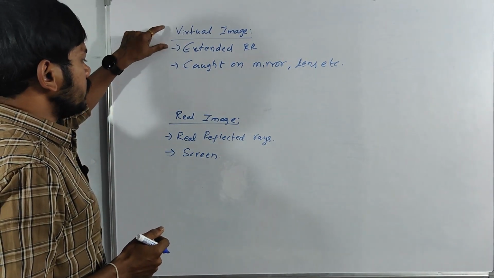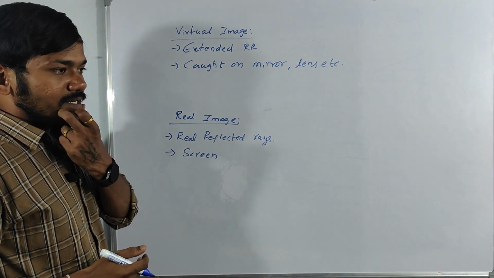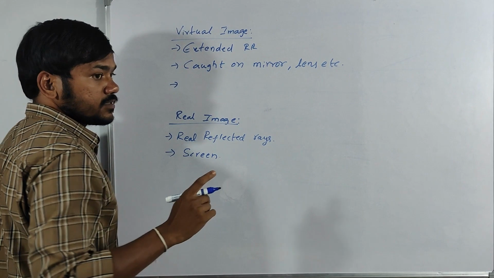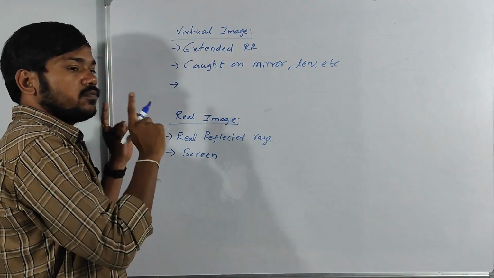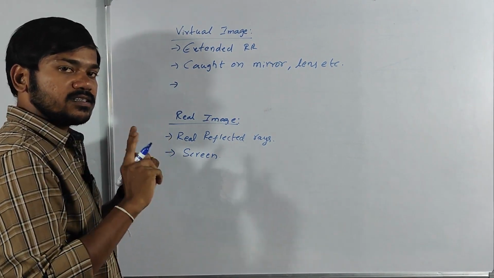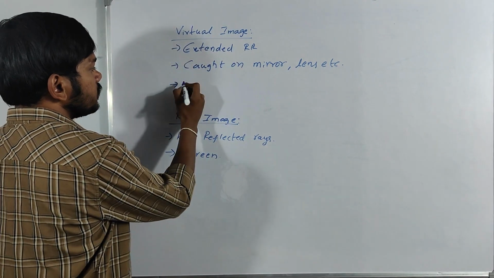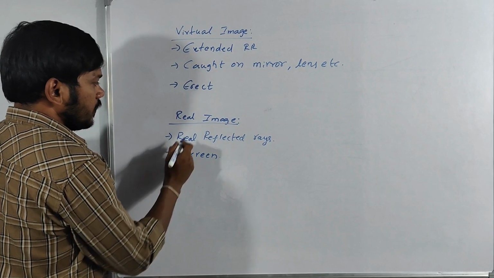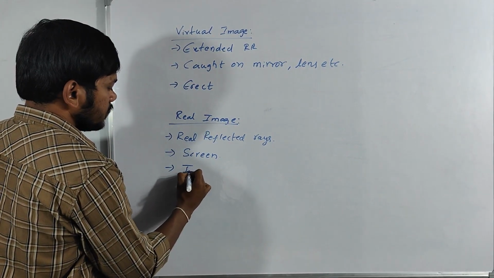So the general difference which we discuss in image formation of spherical mirrors or spherical lenses is that virtual images are always erect and real images are always inverted.